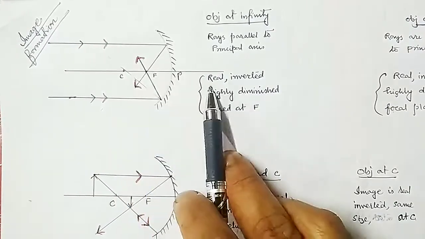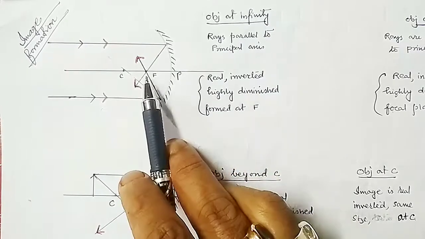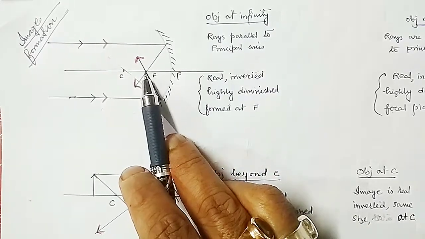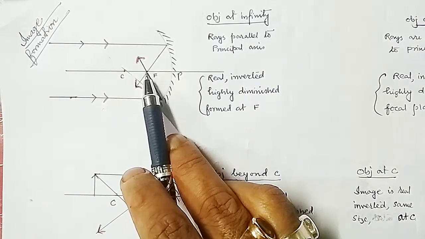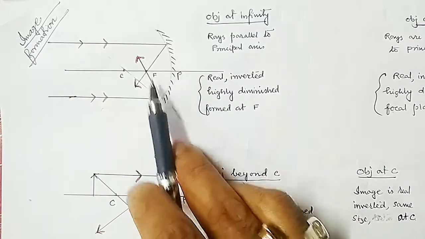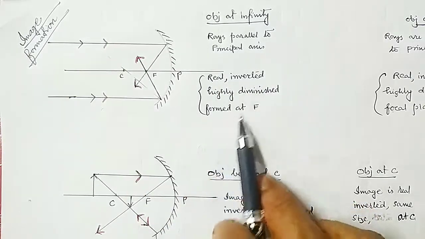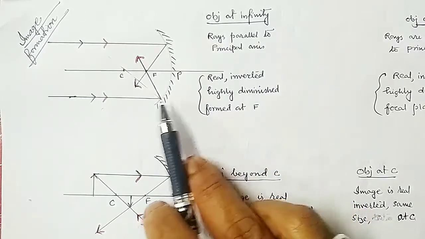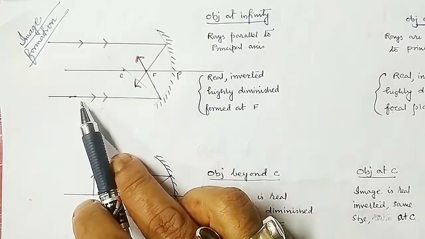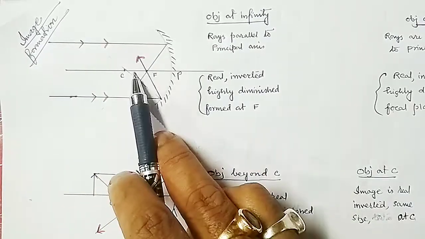Real images are always inverted, that means the image is inverted, and as you can see, only a small dot. The image is of very small size, so we write highly diminished and the image will form at F. So these are the characteristics of the image formed by a concave mirror when the object is at infinity and the rays coming from it are parallel to the principal axis.